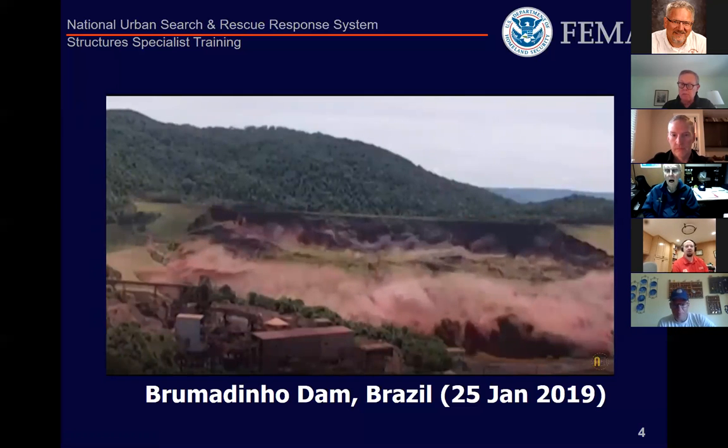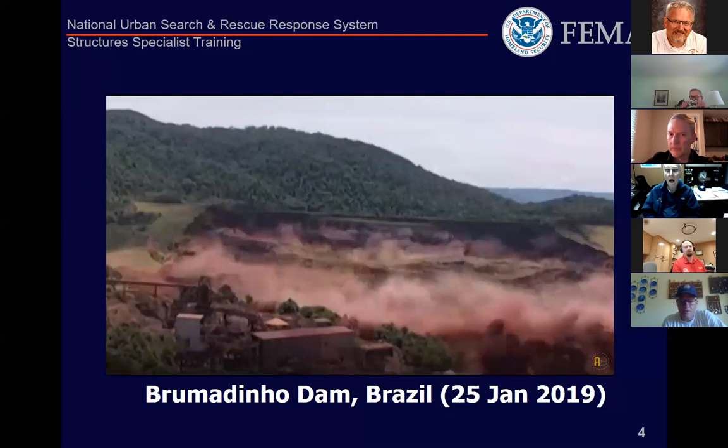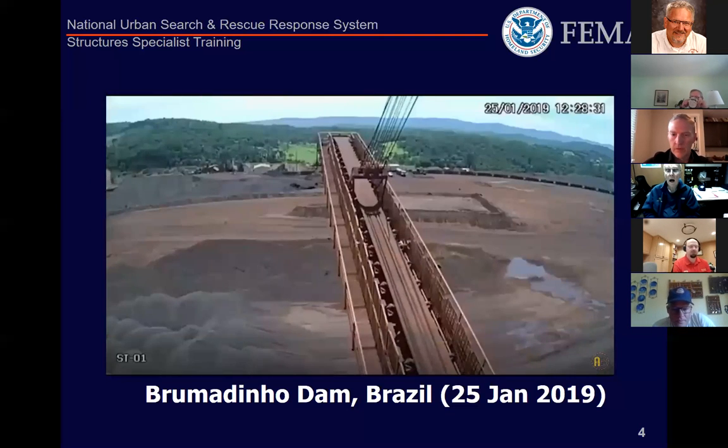So this is the Brumadinho Dam failure in Brazil last year. It's a little over a year ago, January 25th. This was a tailings mine storage.